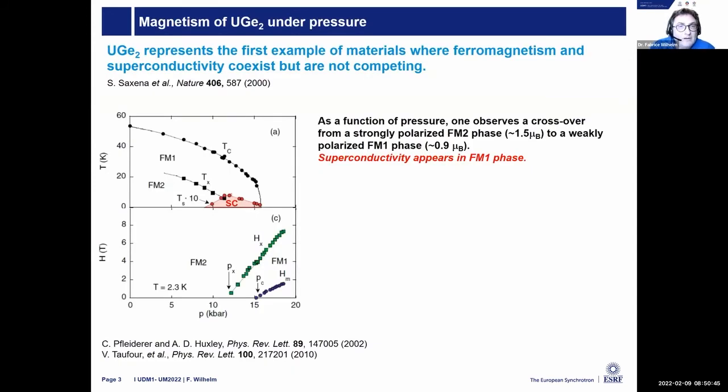So UGe2 represents the first example of materials where ferromagnetism and superconductivity coexist, but are not competing.